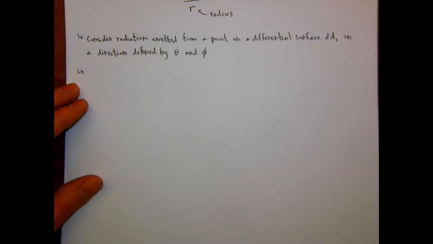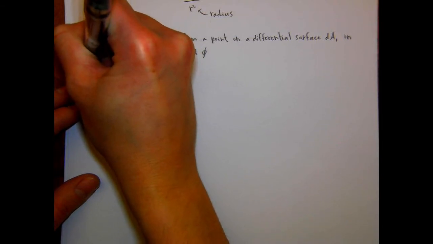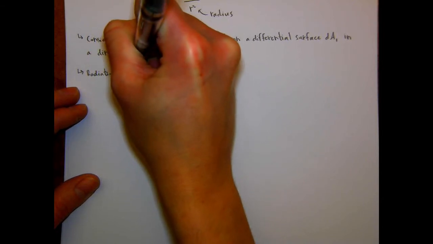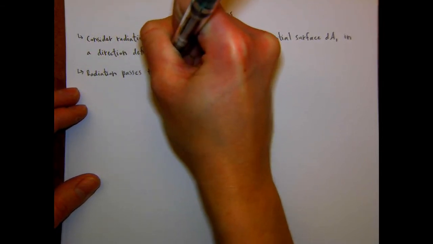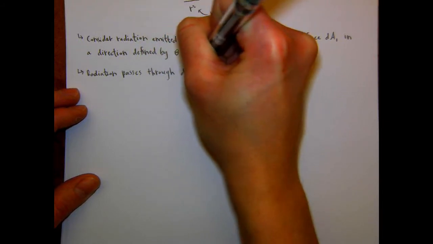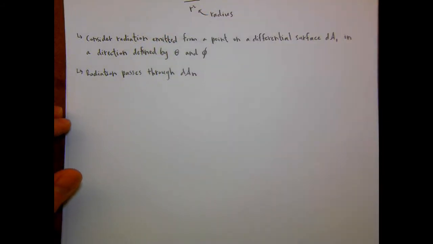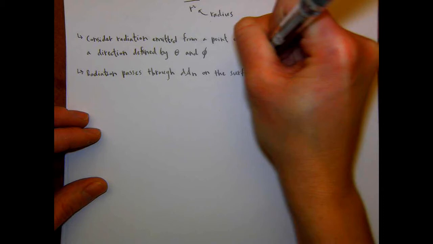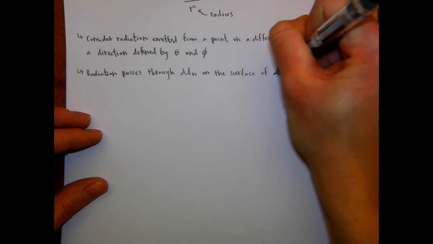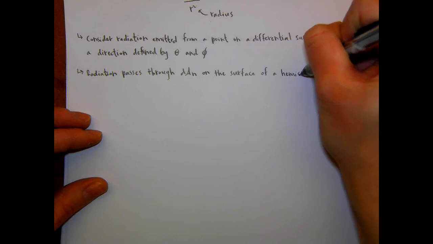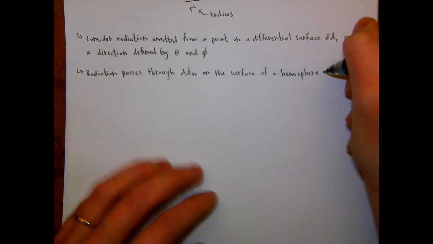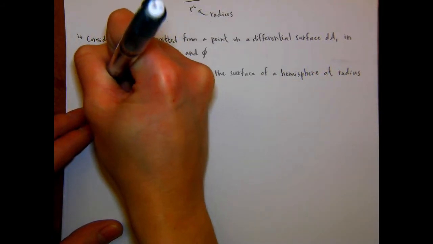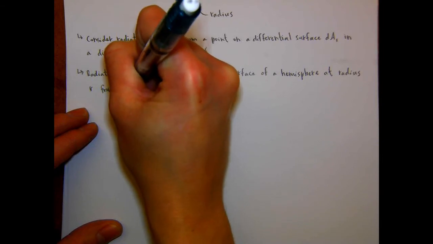Okay, so the radiation passes through a differential area, dA sub n, that is on the surface of a hemisphere at radius r from the point of emission.